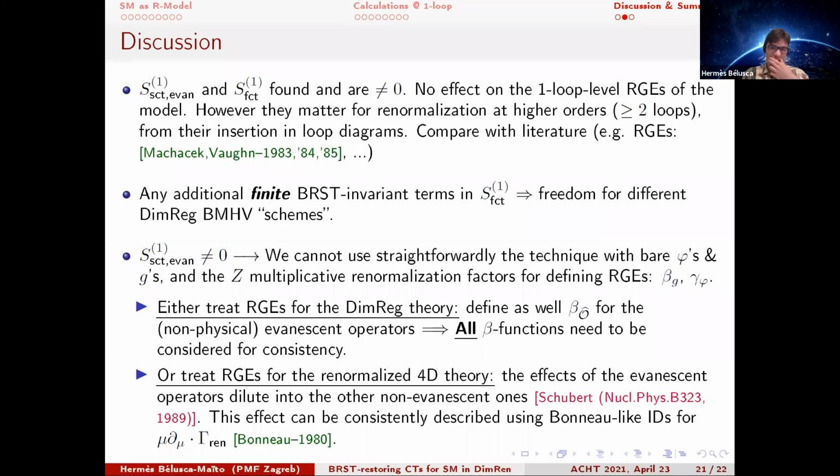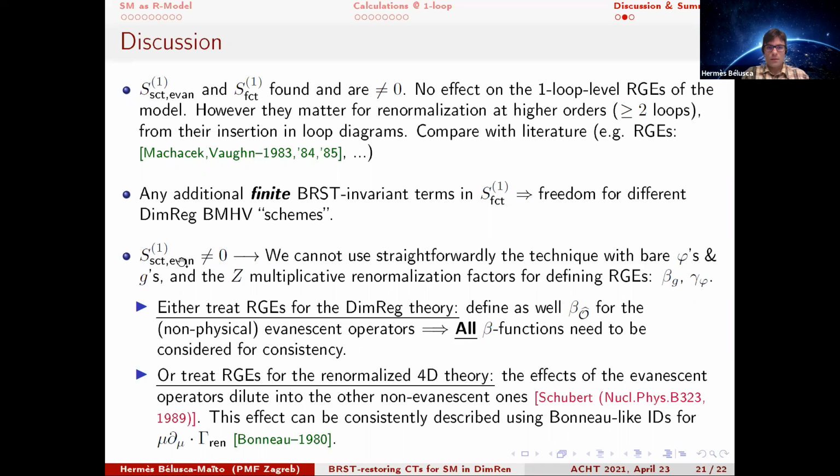So the slight discussion I want to make here is that these counter terms, both the singular evanescent counter term and the finite counter term, are very necessary because when you do the renormalization and you go to higher loop orders, you need for consistency to include them as insertions in your calculations.